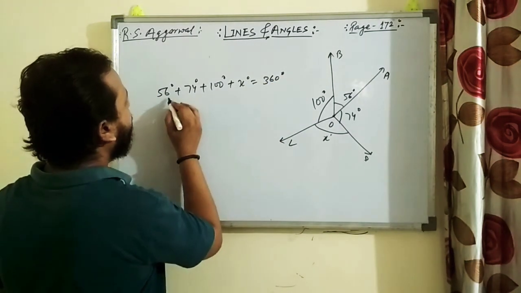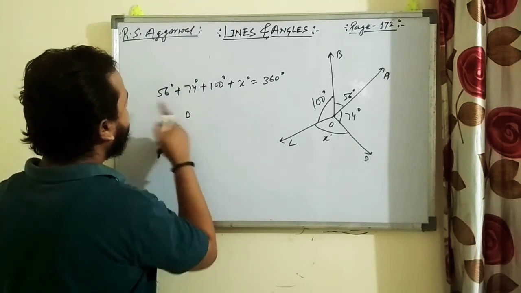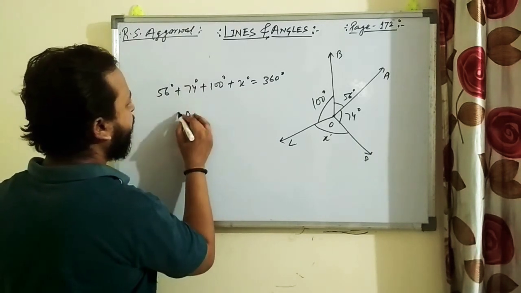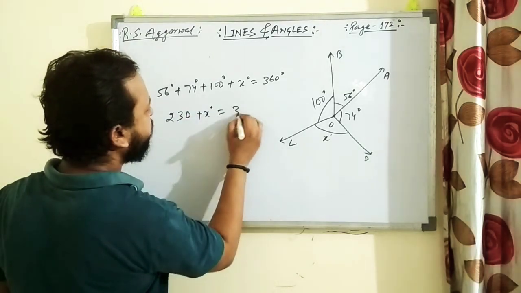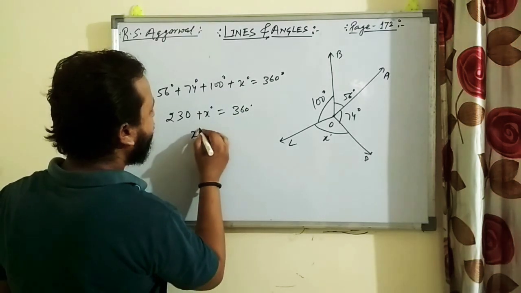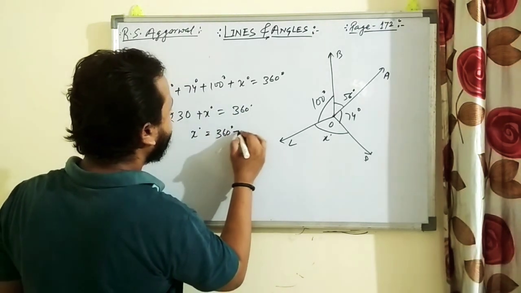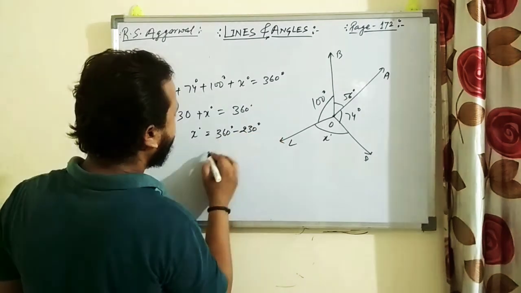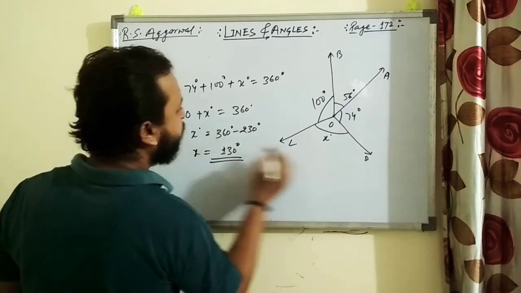So add them. 6 plus 4 is 10, 0, carry 1. 5 plus 7 is 12, plus 1 is 13, carry 1. 1 plus 1 is 2. Plus X degrees must be 360 degrees. So X is equal to 360 degrees minus 230 degrees, it must be equal to 130 degrees, right? So this angle is 130 degrees.